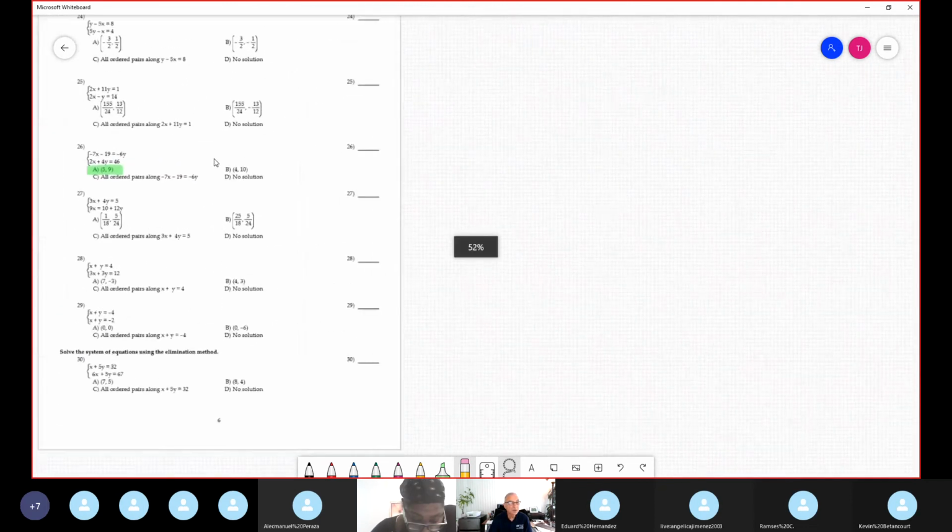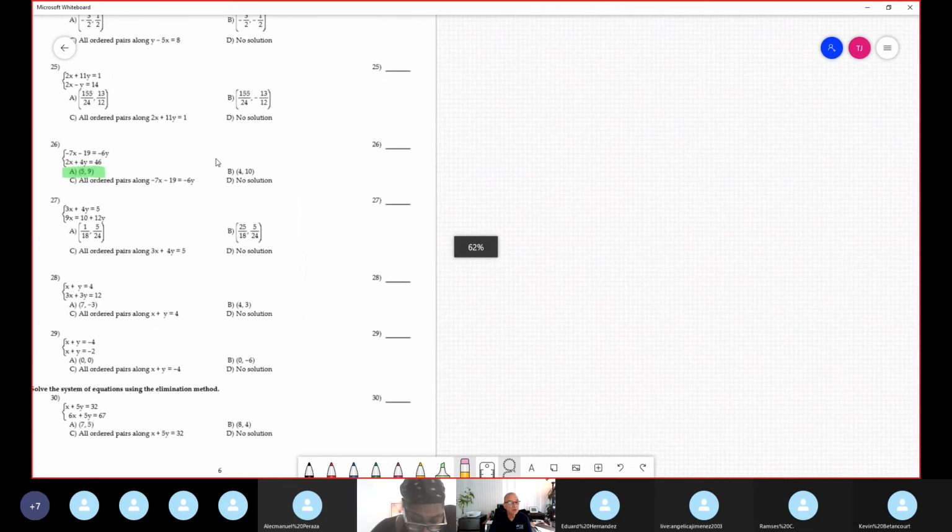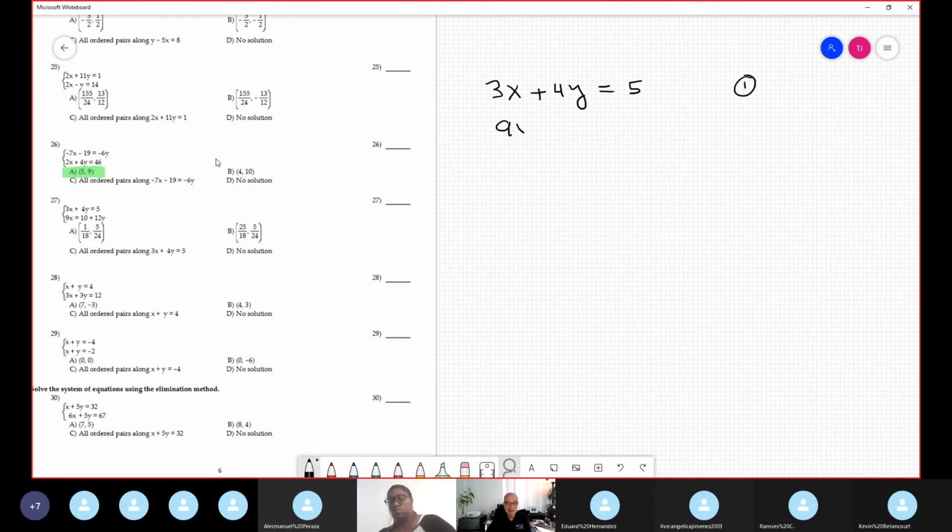Okay, 27. 27 is 3x plus 4y equal 5. This is my first equation. My second equation is 9x equal 10 plus 12y.